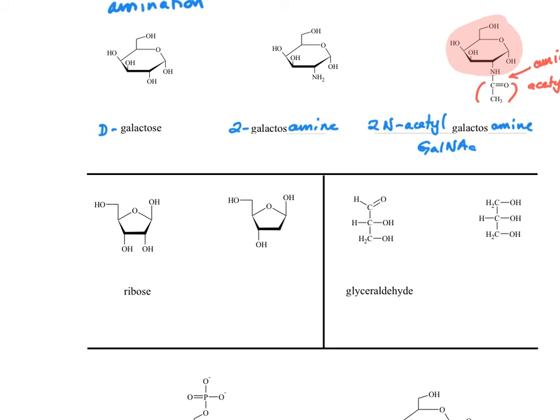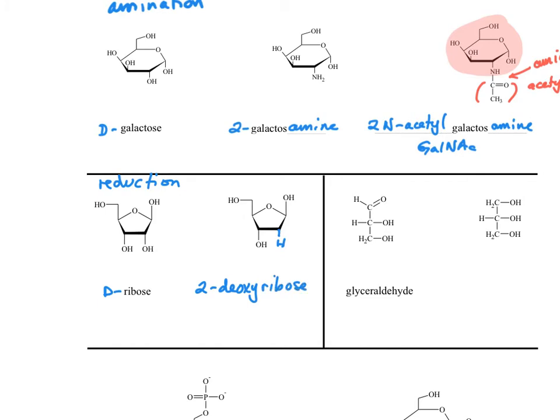We're going to look at the reduction, and there's 2 types of reduction of sugars. Let's look at this first box and use the example of ribose. This is D-ribose. And in reduction, what we do is take away one of the alcohols and replace it with a hydrogen atom. And this is simple to name. We call it 2-deoxyribose.